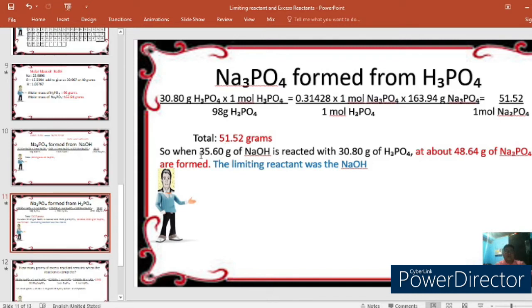So when 35.60 grams of sodium hydroxide is reacted with 30.80 grams of phosphoric acid, 48.64 grams of sodium phosphate are formed. The limiting reactant was the sodium hydroxide.